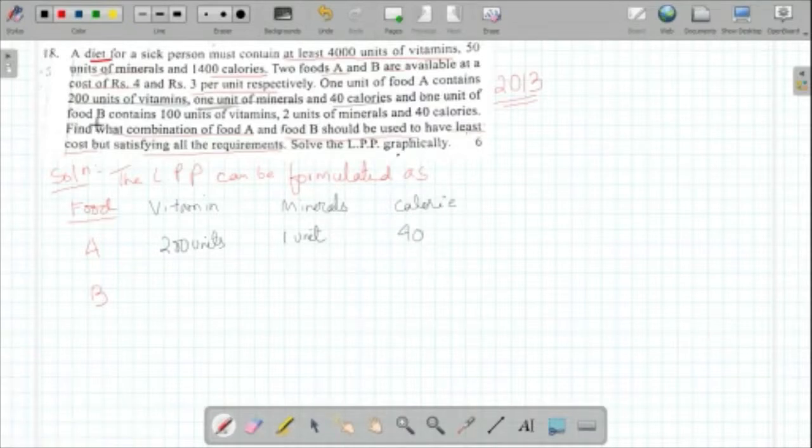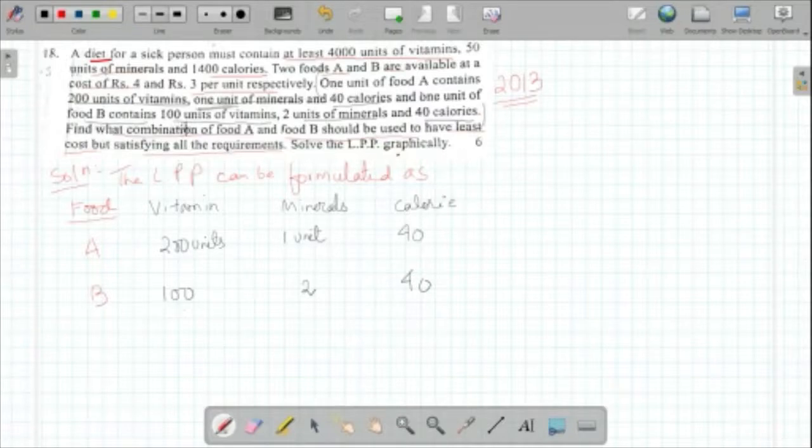Now similarly, food B contains how much? 100 vitamin, 2 minerals, and 40 calories, right? The table is the same for both. So up to this we have done.